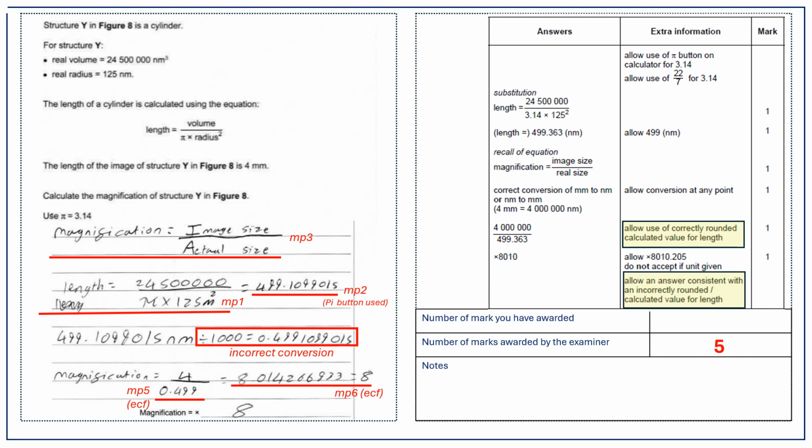If we do 4 divided by 0.499 on a calculator, we actually get 8.016. However, because it has been correctly rounded to 8, the examiner in the summer clearly thought that that was okay in order to get marking point 6.